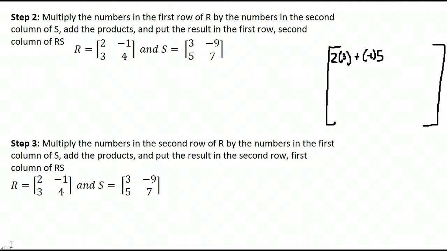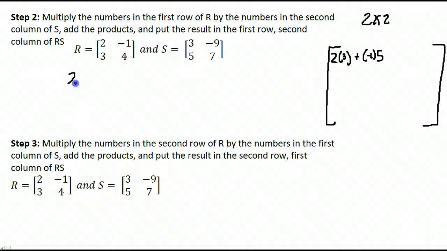We have the first element of the first row, and step 2 gives us the second element of the first row. We know our answer matrix is going to be a 2 by 2. Looking at the first row of R again, we have 2 and negative 1. And we need to multiply that by negative 9 and 7, which is the second column of the second matrix.